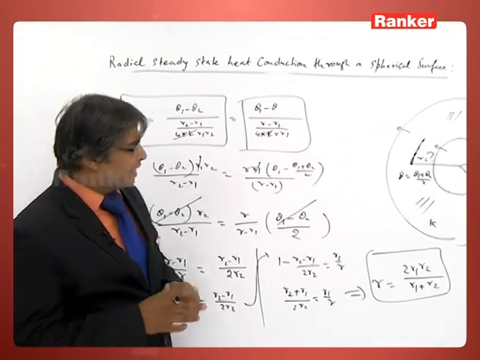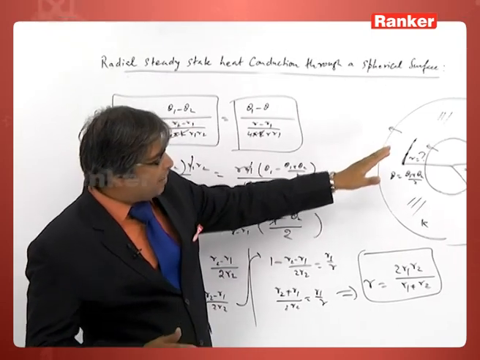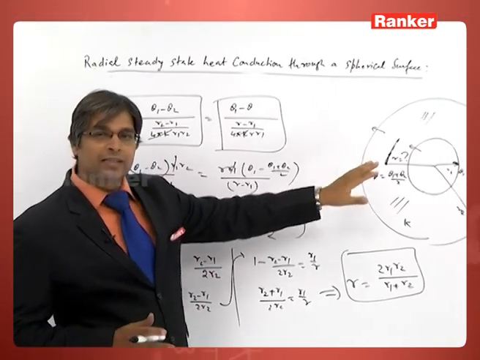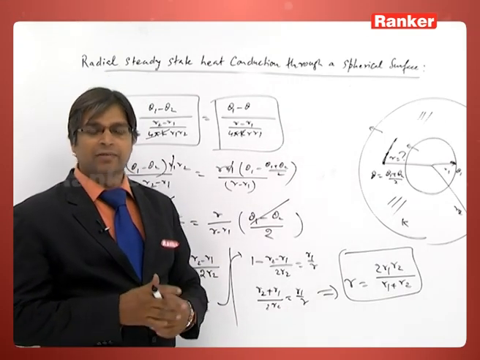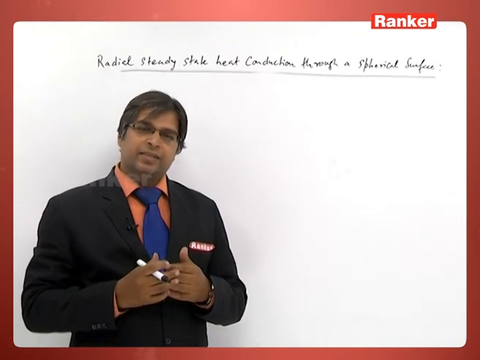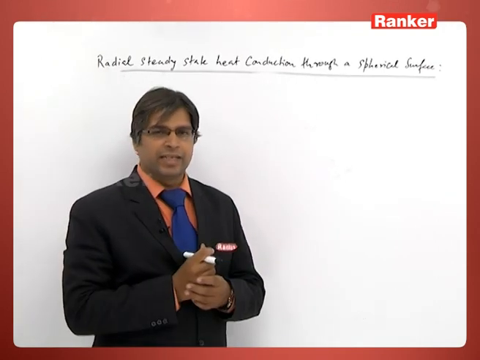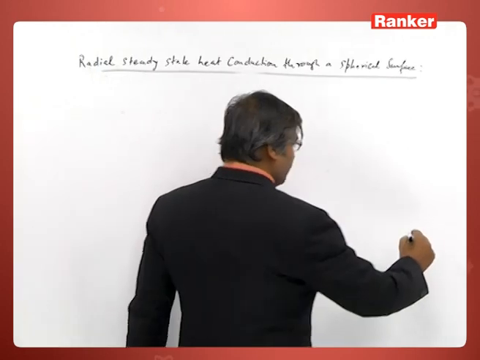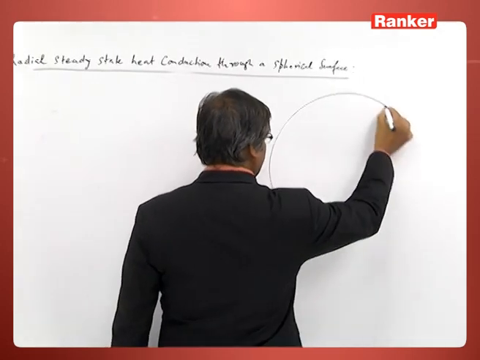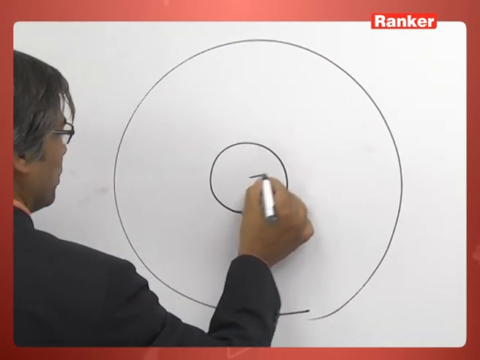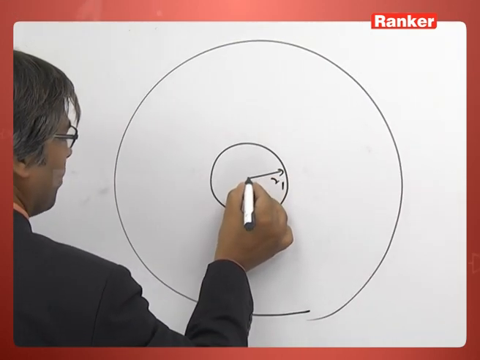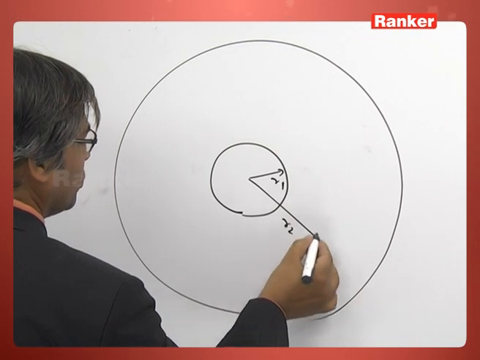Now, let us see once again how to calculate the net heat flow if we have two spherical thermal resistors in series. So, we are interested in spherical thermal resistors in series. We have two thermal resistors that are spherical. This is R1, this is R2.